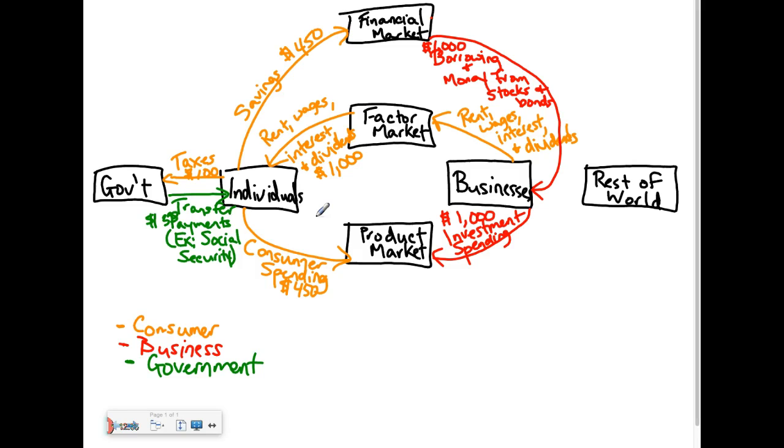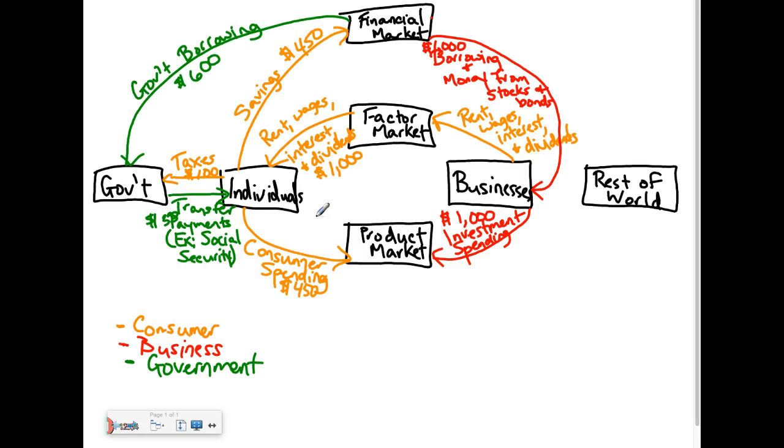Where do you go to borrow money? That's right, you go to the financial market. So this is going to be government borrowing. We are going to say that the government is going to borrow, let's say, $600.